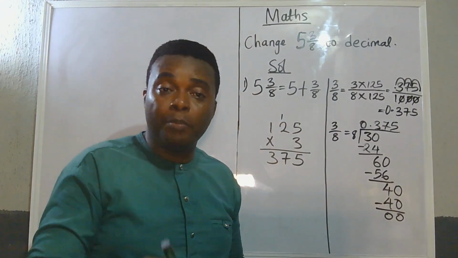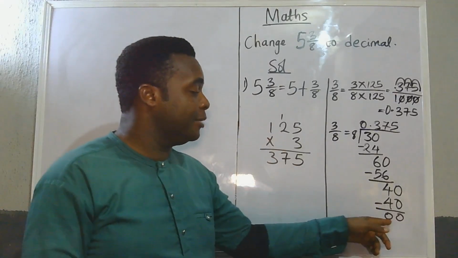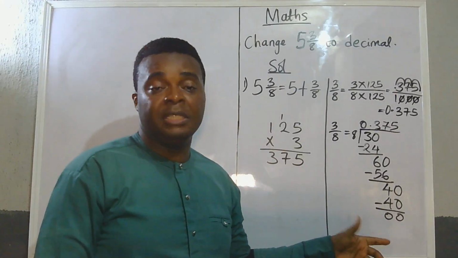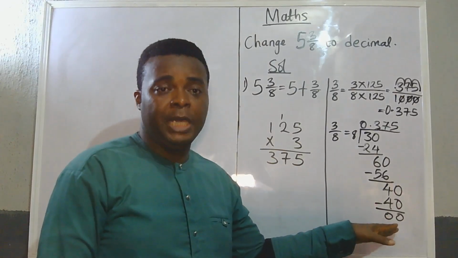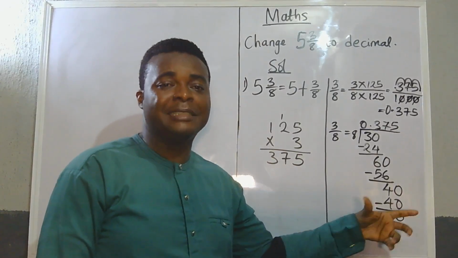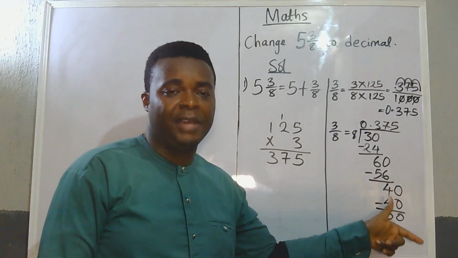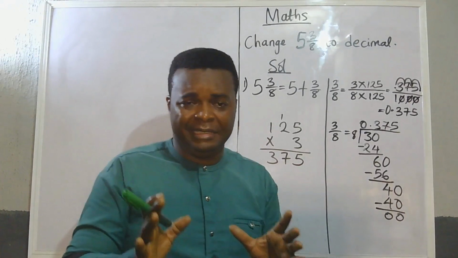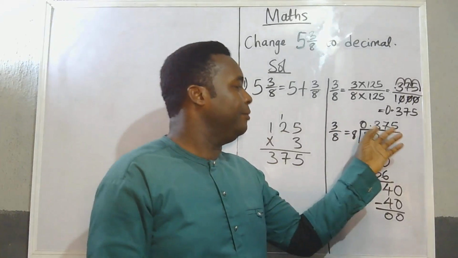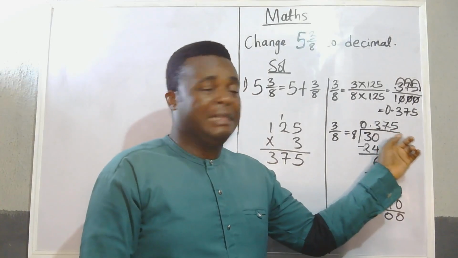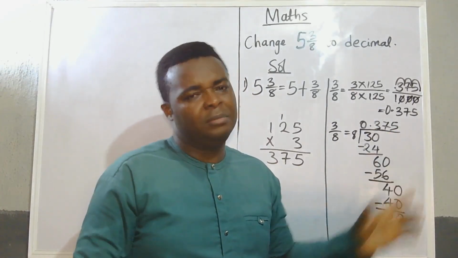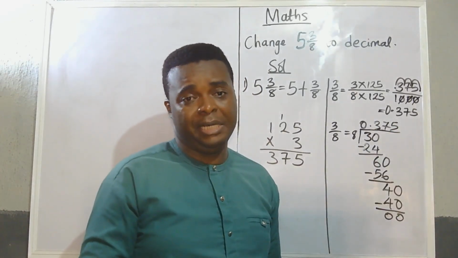It is not compulsory that when you subtract, you must end with zeros. There are some fractions that when you subtract, you still get a number that you can add 0 to and keep dividing. But the ideal thing is this: once you are working down and you've gotten 3 decimal numbers, simply stop. Do you understand?